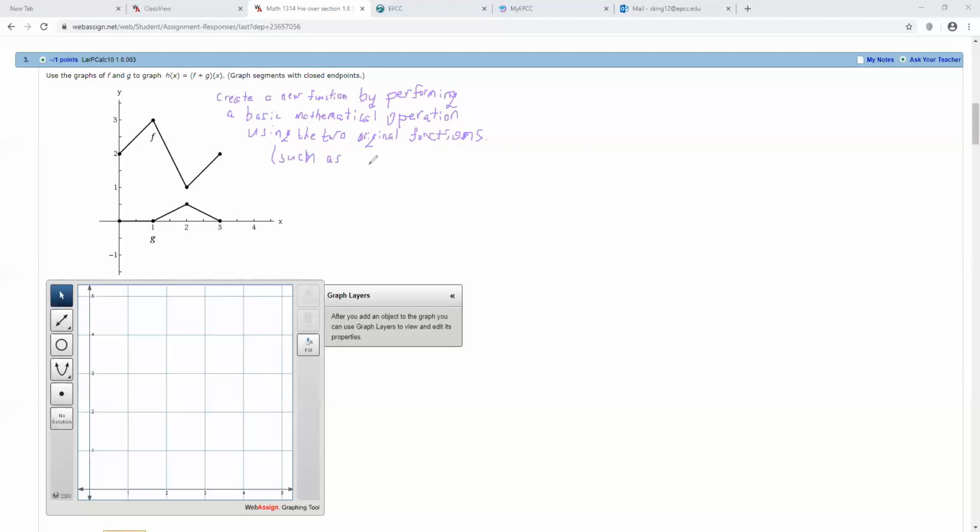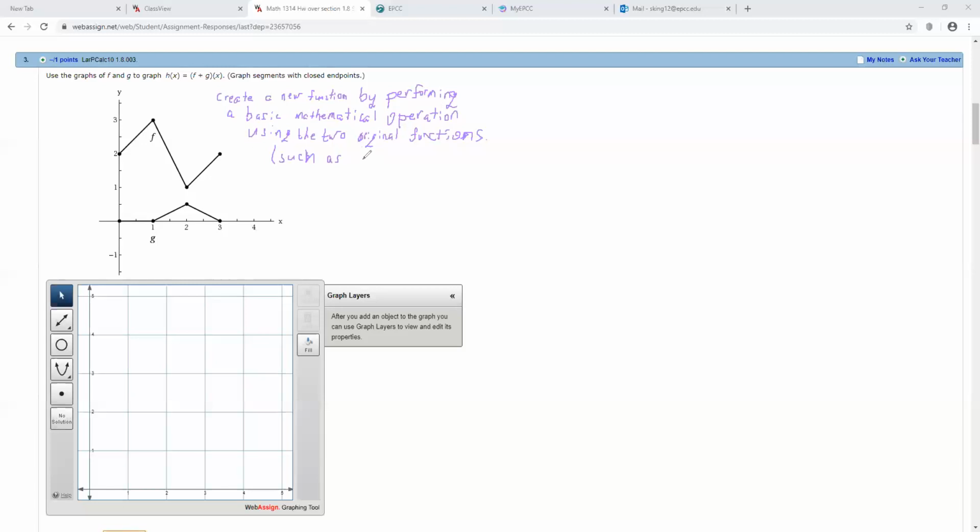So this section is about creating a new function if you have two functions or more to begin with. Here they gave us two, an f and a g, and they want us to create a new function by using one of the basic mathematical operations.